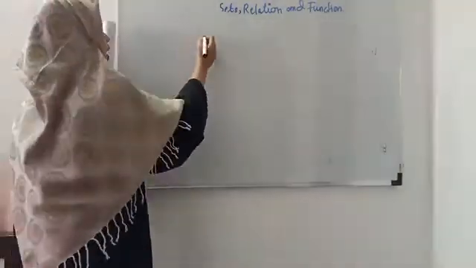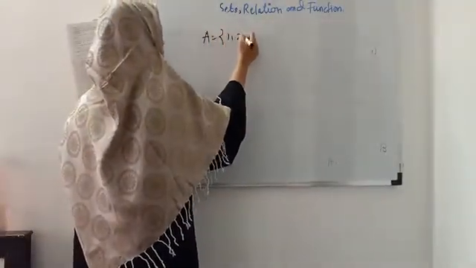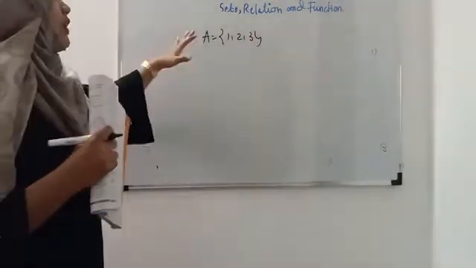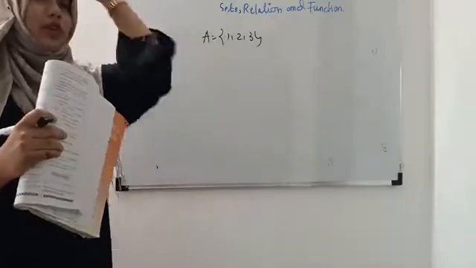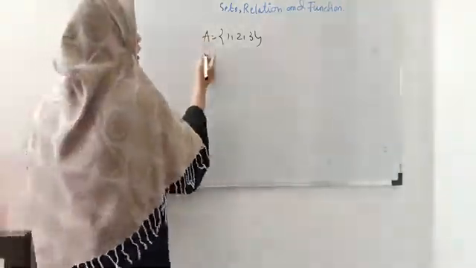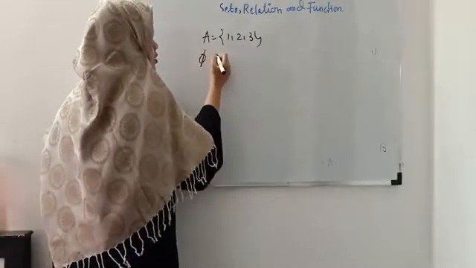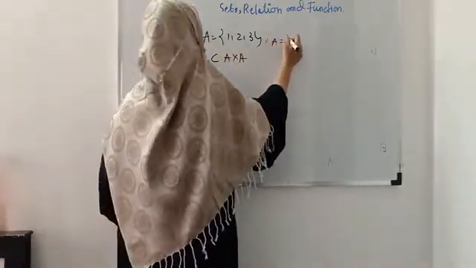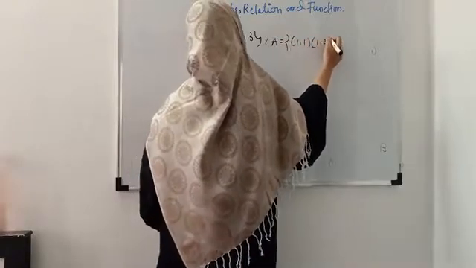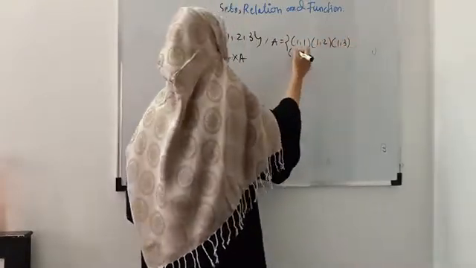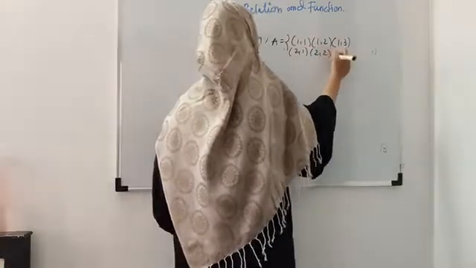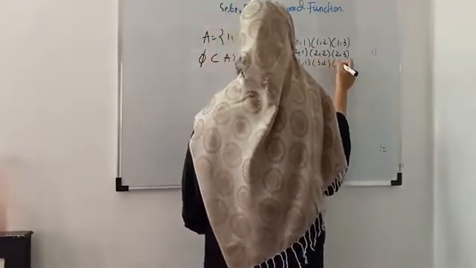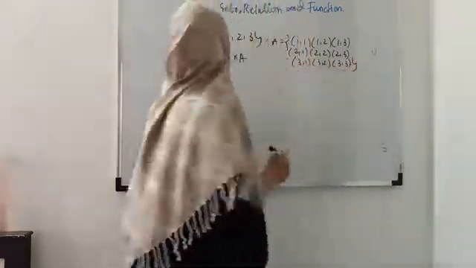Now the next: if I give you A as {1, 2, 3}. We are doing binary relation right now, which means we will take only one set to define the relation. Now if I give you phi, phi will also be a subset of A cross A. Here A cross A is (1,1), (1,2), (1,3), (2,1), (2,2), (2,3), (3,1), (3,2) and (3,3).